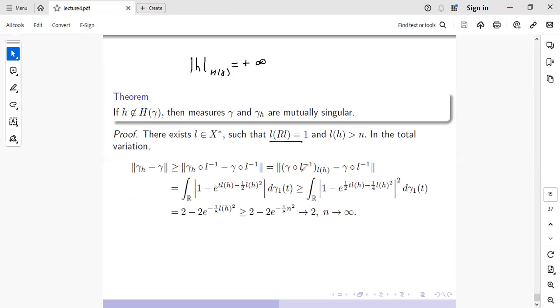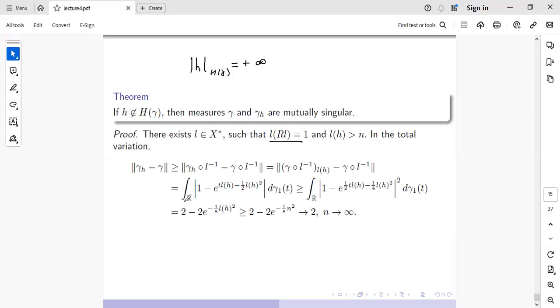And since L is a linear functional, the image of the shifted measure by L is the same as the shift of the image measure by L(h).